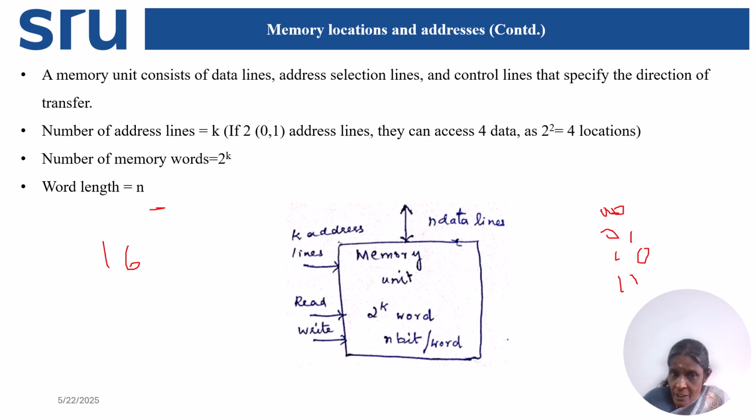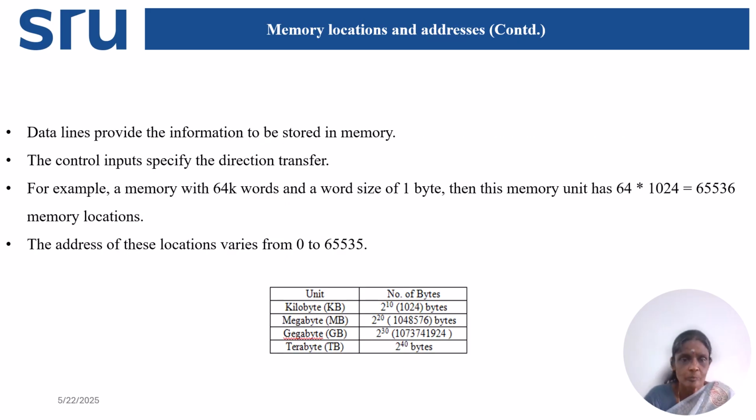Write: based on the address line, the particular location into which the data will be written. So these two lines indicate which operation is to be performed on the particular memory word, the address of which is given through the k address lines.